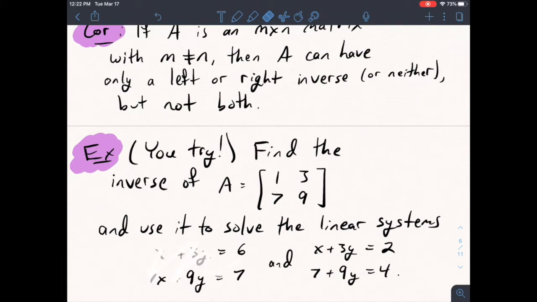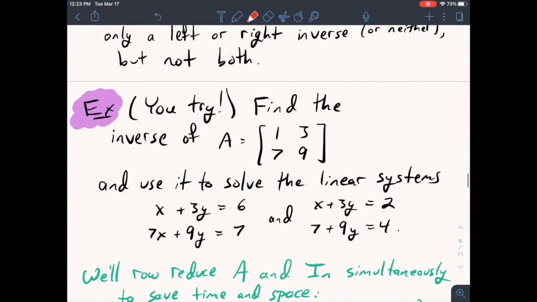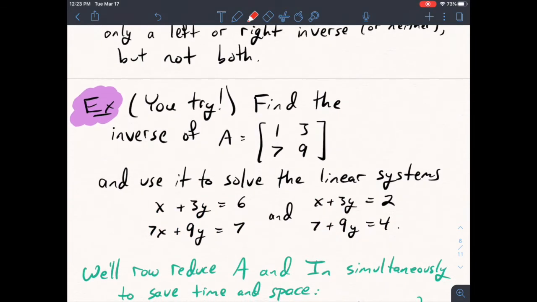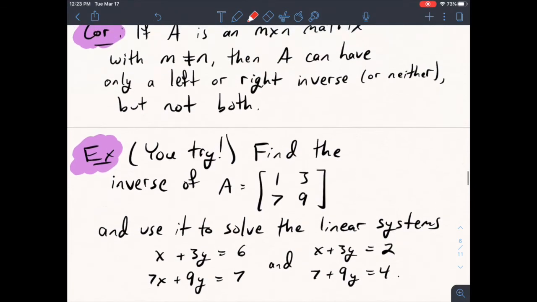These have A as the matrix of coefficients, so both can be put into matrix equations. If you have a pad and paper at home, pause the video, try this example on your own, and then we'll go over it.